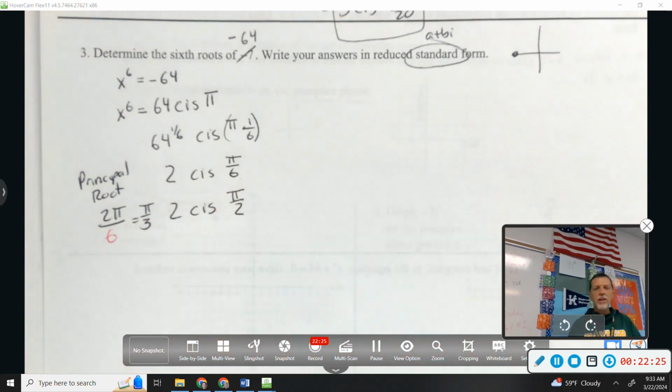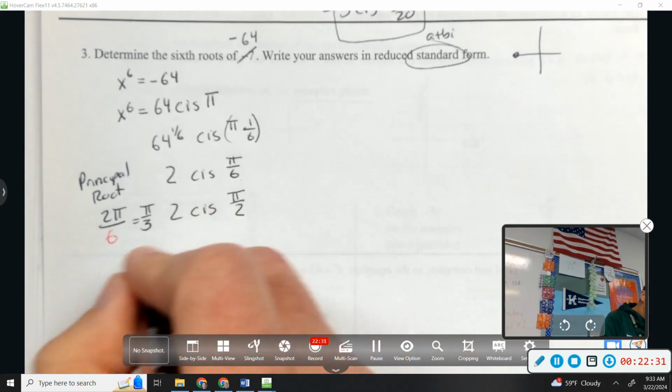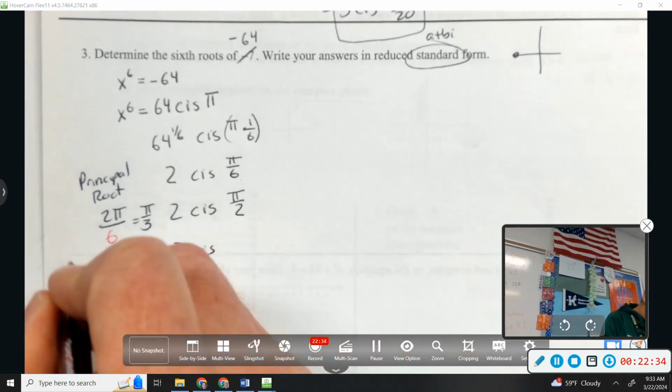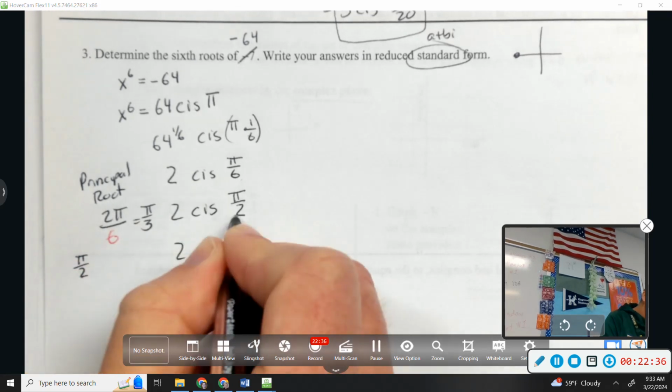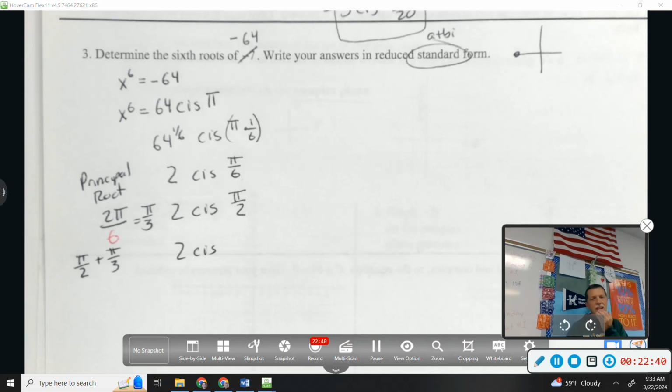I'm trying to save space here. Maybe this is not a good idea. It's not showing my work. Here we go, I'll show it over here. Now I'm going to add pi over 3 again to get my next one. So what would that be? 3/6 plus 2/6 is 5/6.